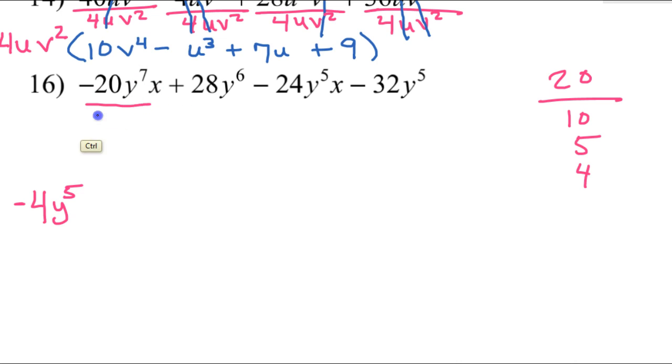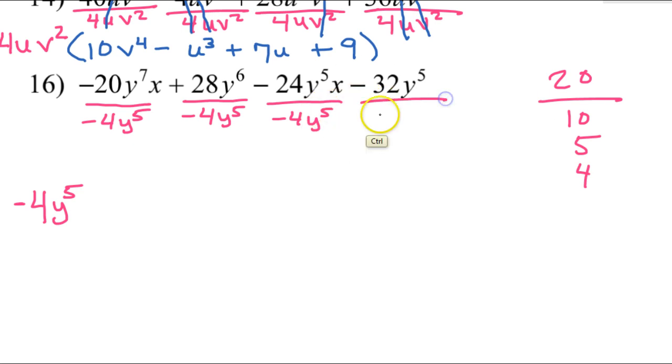Okay, so my greatest common factor is negative 4y to the 5th power. So let's divide everything by that, and that will tell me what goes on the inside.